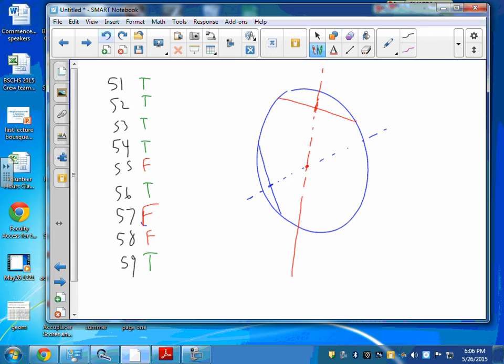And so the question is, are these two intersecting? Well, obviously they intersect. If we throw in a third chord, will it also be concurrent at that location? And the answer is yes. So the perpendicular bisectors always meet at the center of the circle. So that is a true statement, concurrent at the center.